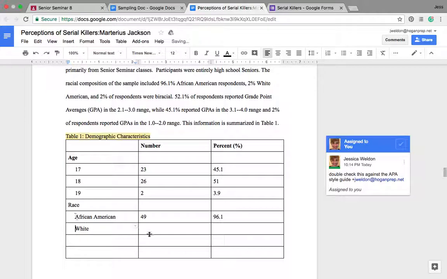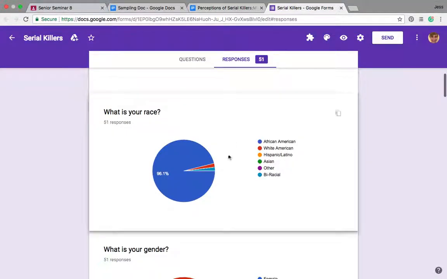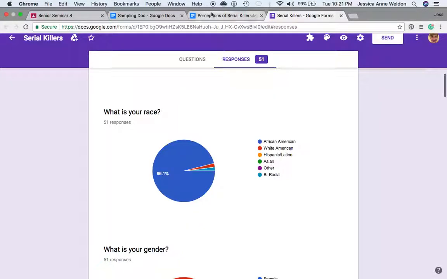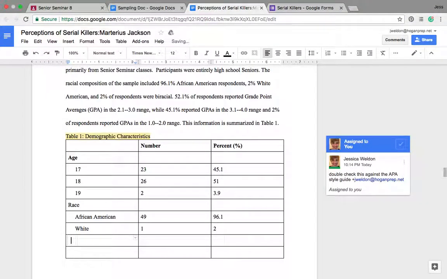I just want these all to be lined up. 2%. And then we have this biracial person. I think that they use the hyphen. Does biracial have a hyphen in it?